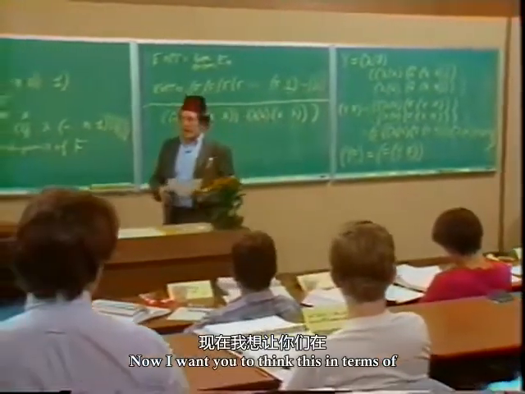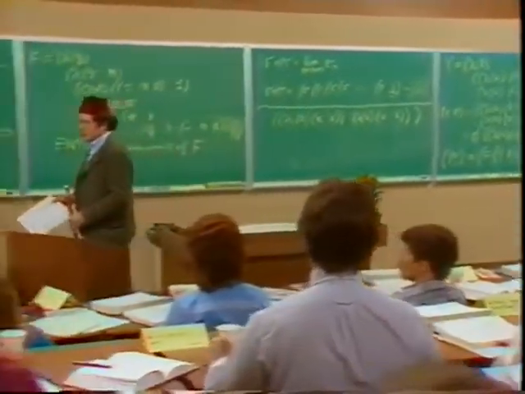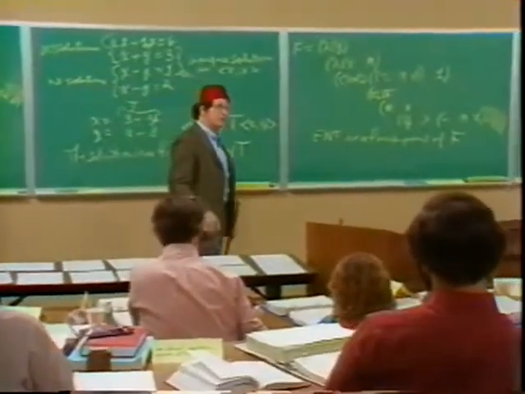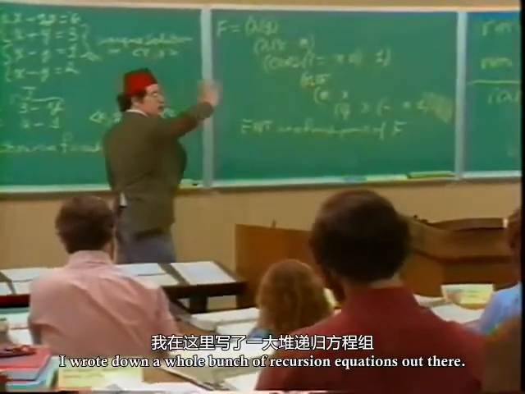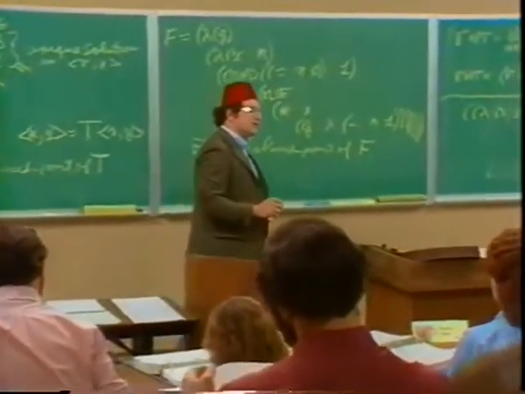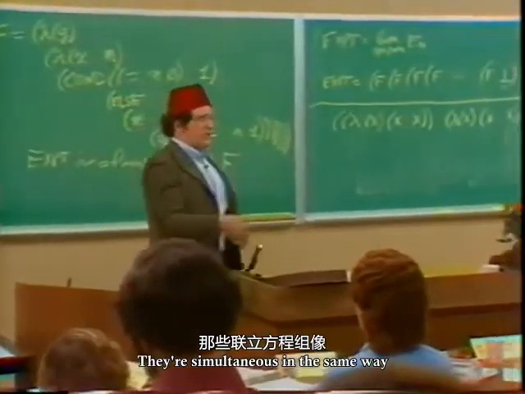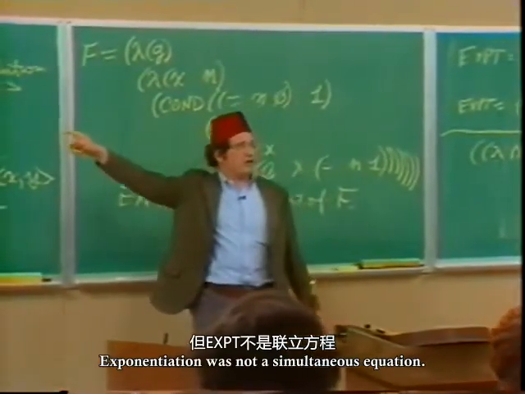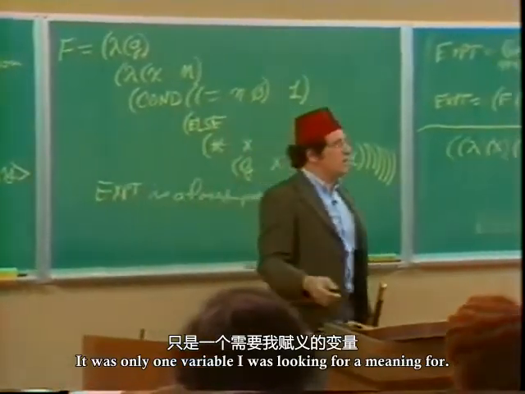Now I want you to think about this in terms of the eval-apply interpreter for a bit. I wrote down a whole bunch of recursion equations out there. They're simultaneous in the same way that these are simultaneous equations. Exponentiation was not a simultaneous equation. There was only one variable I was looking for a meaning for.